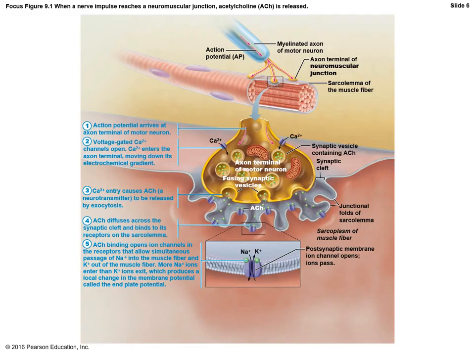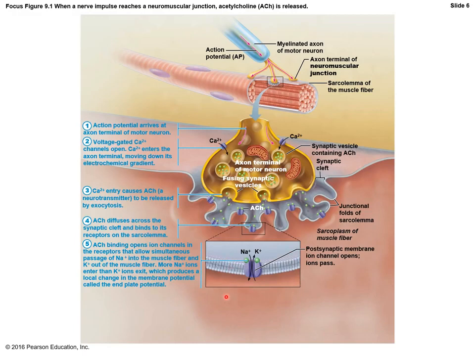So now, once your acetylcholine has bound to the receptors on the muscle side, so it diffused across, it has bound, here we have this area now enlarged showing that it has bound.